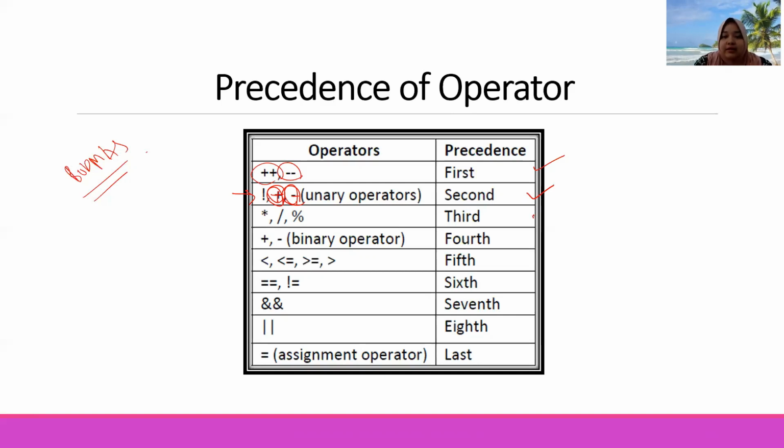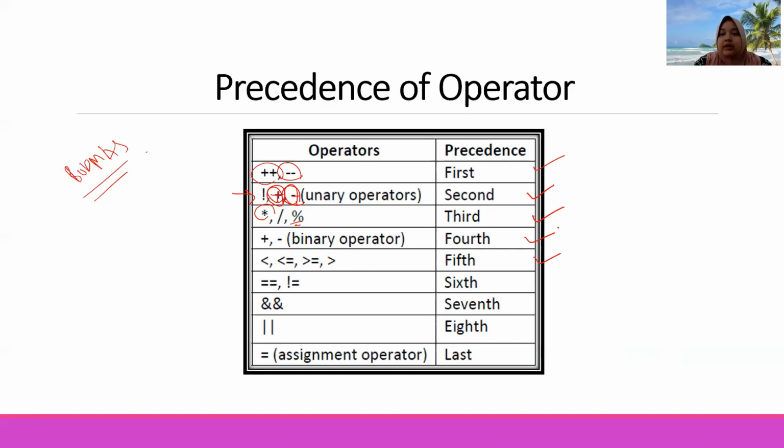Level ketiga tertinggi adalah you akan tengok darab bahagi dengan modulus. Okay? Itu yang ketiga tertinggi. Yang keempat adalah tambah dengan tolak. Yang kelima ini adalah apa guys? Ini adalah relational operator di mana you ada more than, less than or equal, more than or equal, more than.